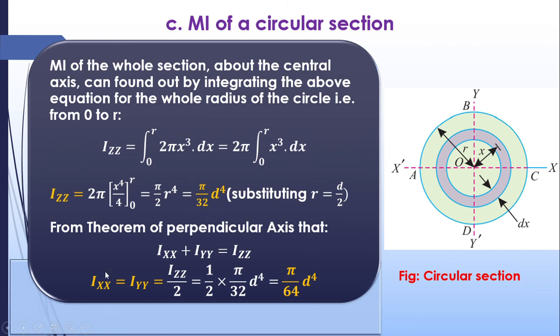So Ixx and Iyy are equal to pi by 64 d raised to 4. Here Ix and Iy are equal because it is a circle. Since it is a circular shape and it is symmetrical about the x and y axes, we can take them as the same: pi by 64 d raised to 4.